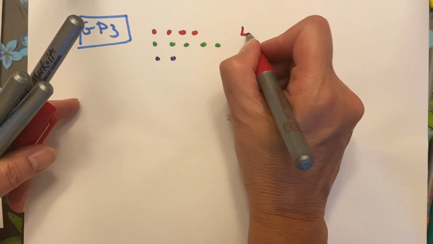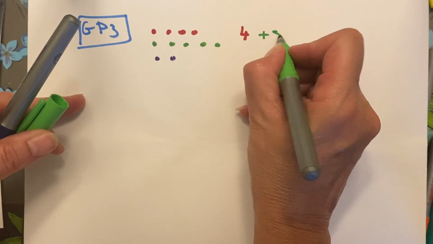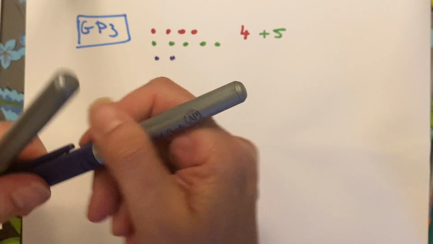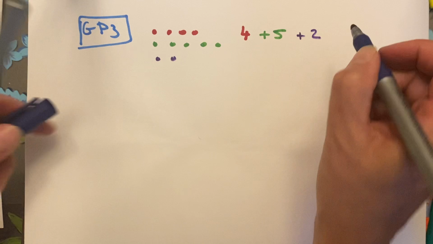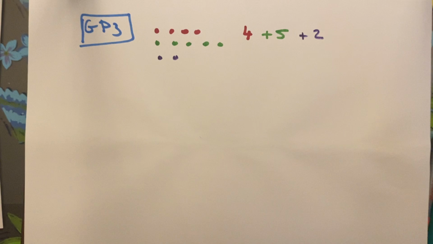Okay, so I have 4 plus 5 plus 2. Right, so I have a total of 11 marbles. Okay, and this is in my bag. You randomly draw 2 marbles one at a time. Okay, find the probability that both are red.